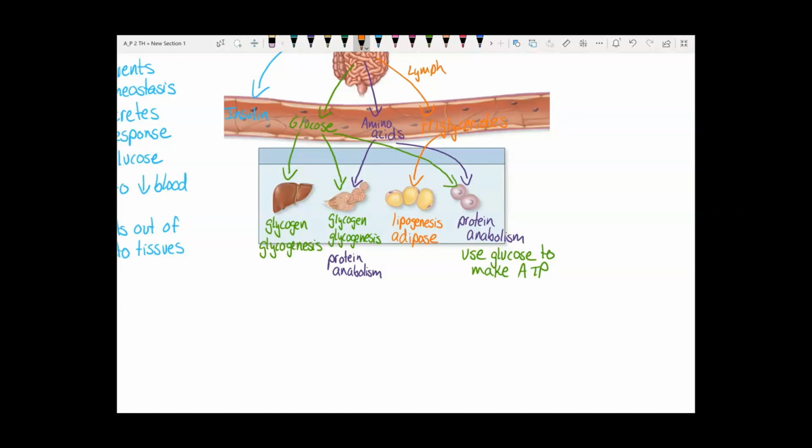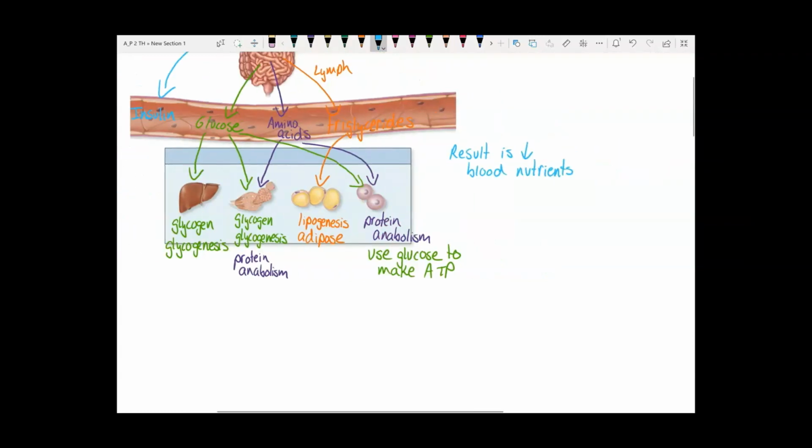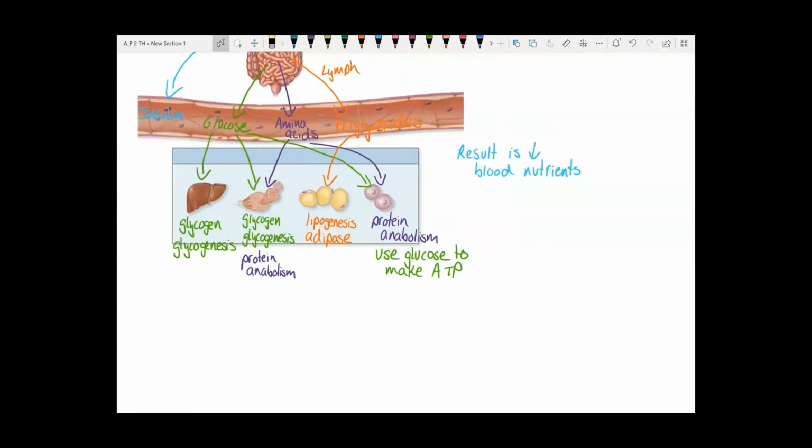So now that the nutrients have moved out of the blood, the result is reduced blood nutrients. And you have an increase in storage, so your glucose and your lipids are stored.